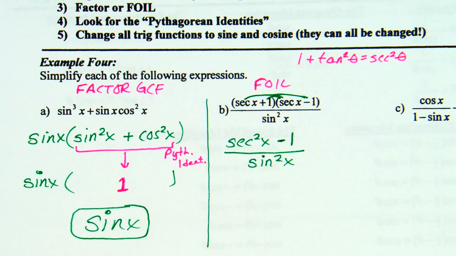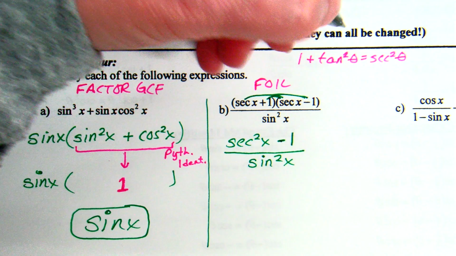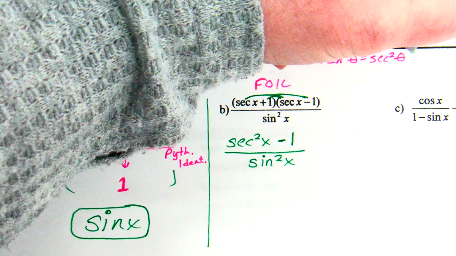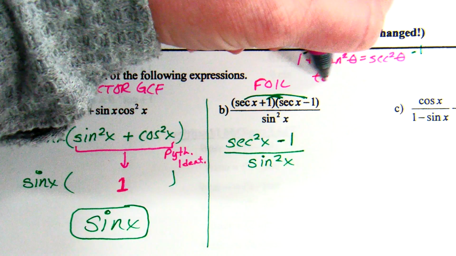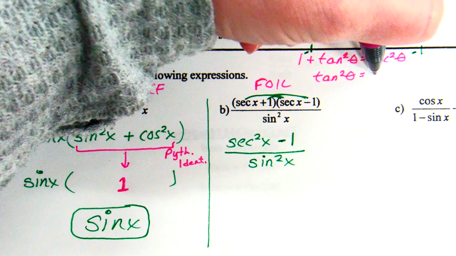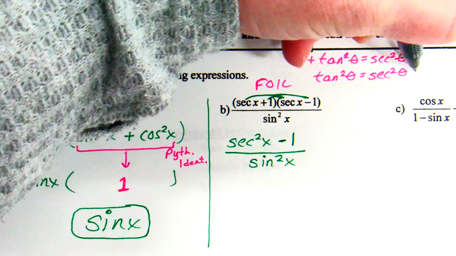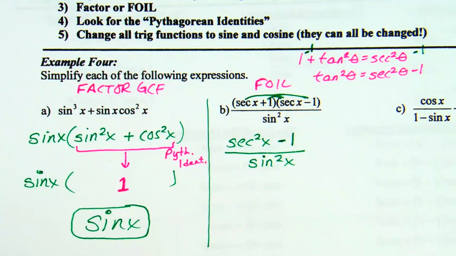How does that relate? Yeah, if I manipulate this, take this positive 1, subtract 1 over, then notice what happens. We have tangent squared theta equals secant squared theta minus 1. So what do you know?